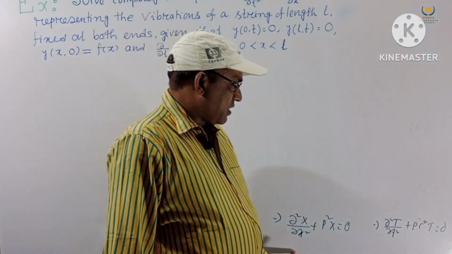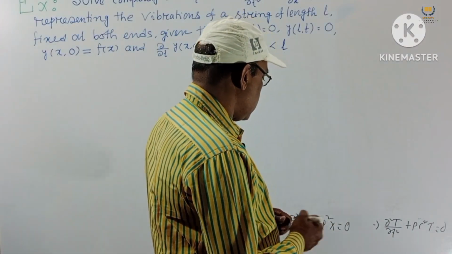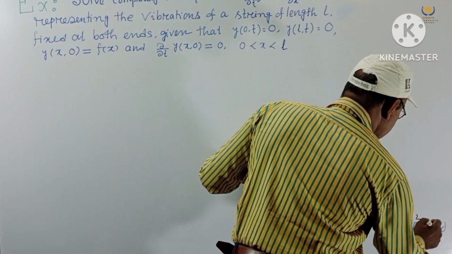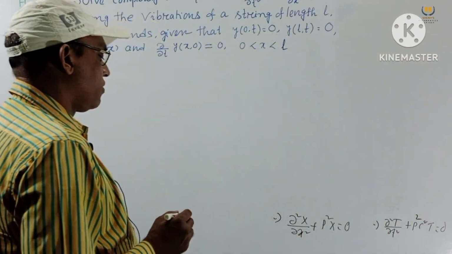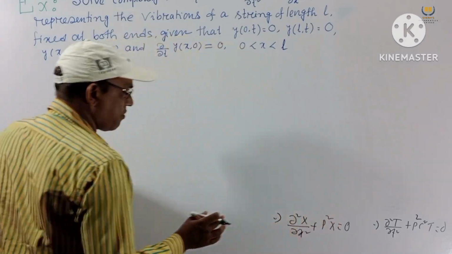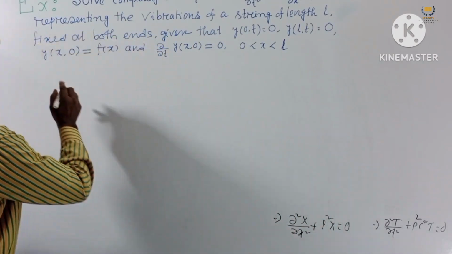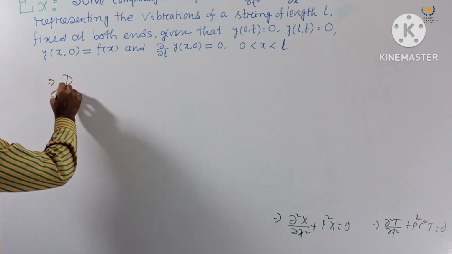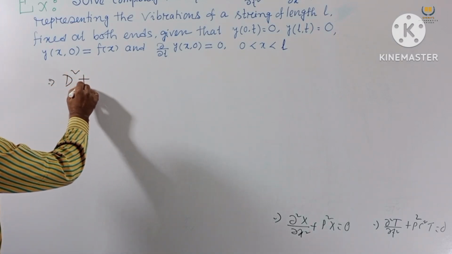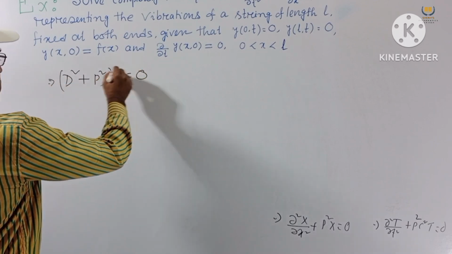Now we solve this first. From this we take X common, and ∂²/∂x² we consider as capital D, so (D² + p²)X = 0.